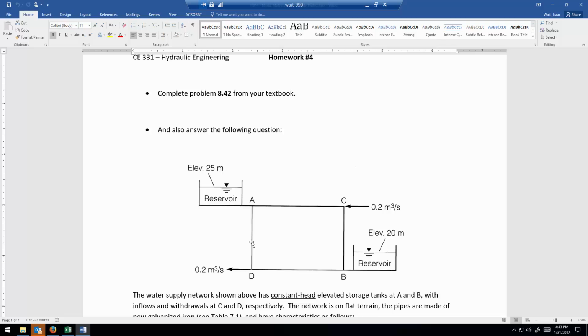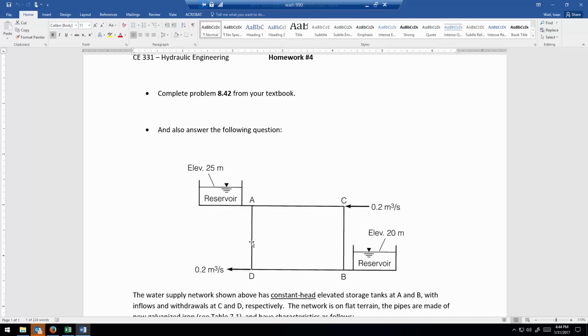And so what we should be able to say is the head at C is 25 minus some losses, like I'm going to call it R, and you'll learn more about R's next time, R times QAC squared.